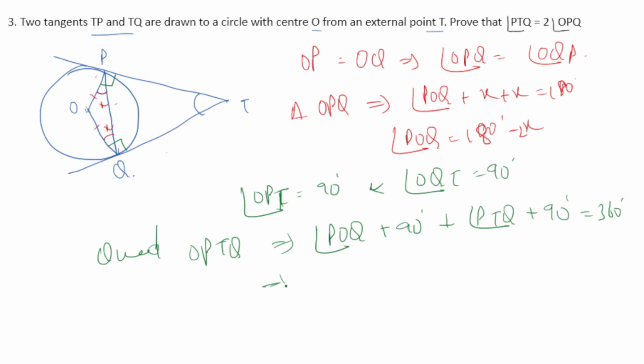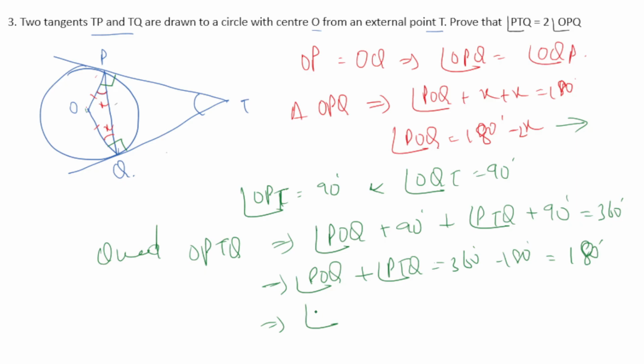So angle POQ plus angle PTQ is equal to 360 degrees minus 180 degrees, which is 180 degrees. Here we have angle POQ is equal to 180 degrees minus 2x. We'll substitute: angle PTQ is equal to 180 minus (180 minus 2x). So 180 and minus 180 will be cancelled. You will get 2x.